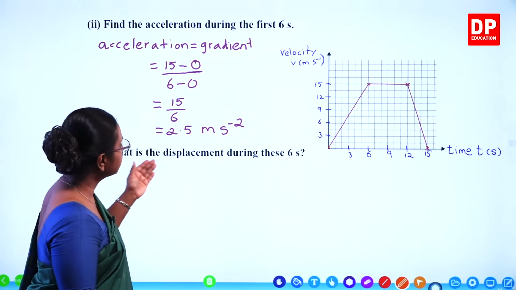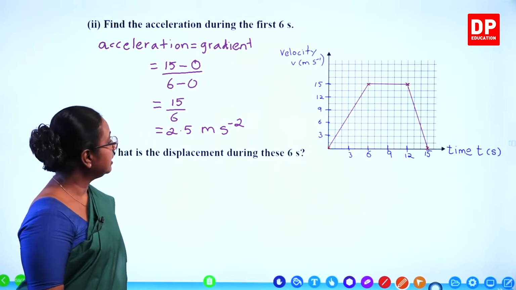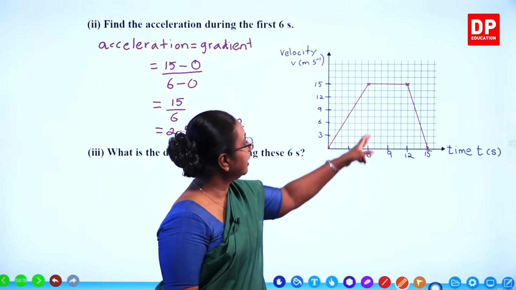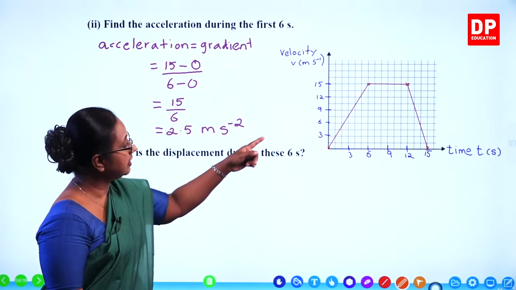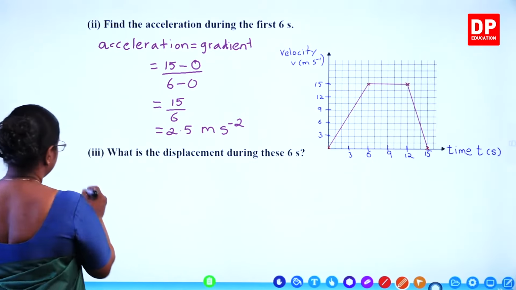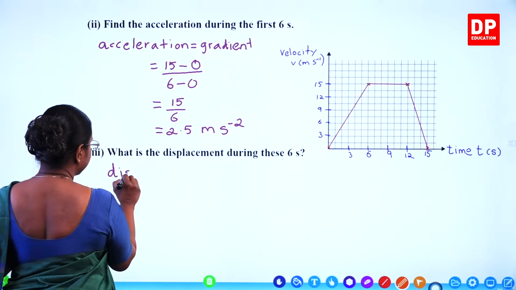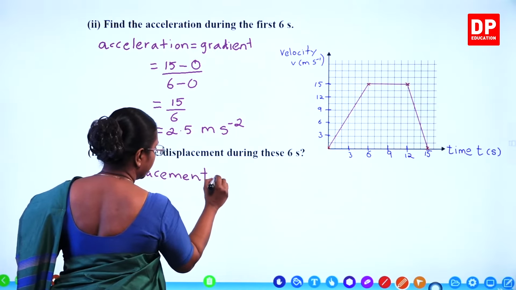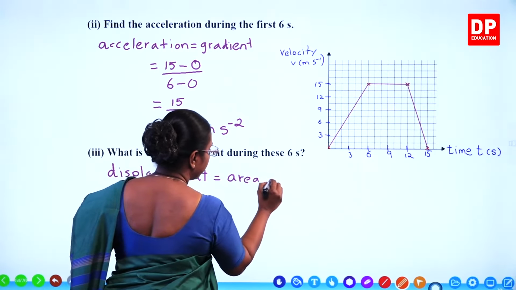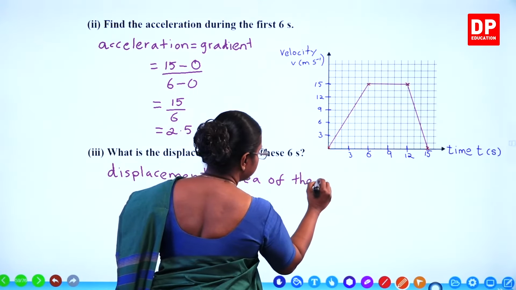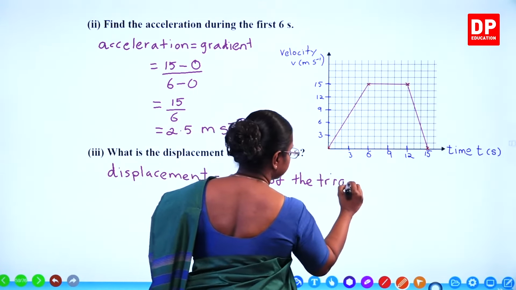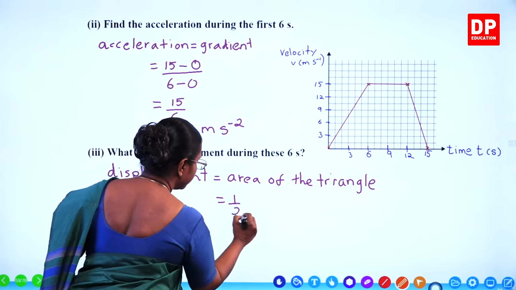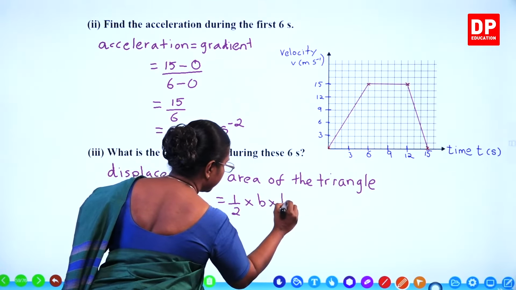Next question, what is the displacement during these 6 seconds? As you all know, displacement is the area under the graph. Here it is the triangle. So displacement equals the area of the triangle, that is half into base into height.